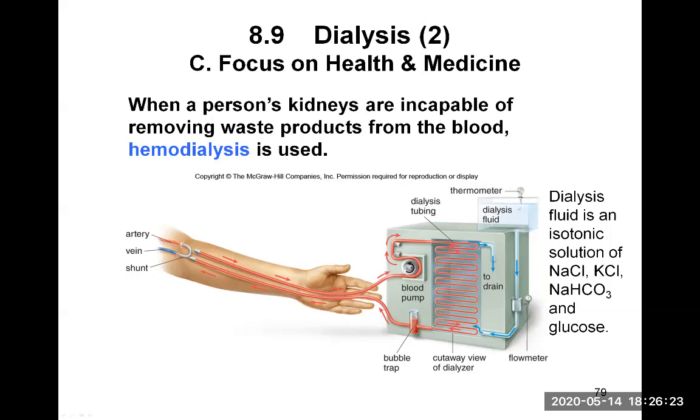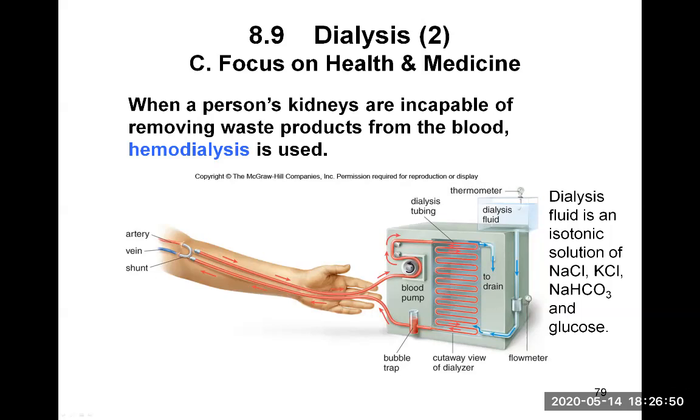Once the blood is in the dialysis tubing, it goes through these isotonic fluids. This is in order to keep NaCl, KCl, NaHCO3, and glucose in the blood, because if the concentrations of these particles are the same inside the blood and outside, then they will not move in or out.